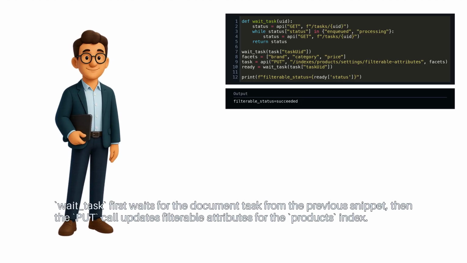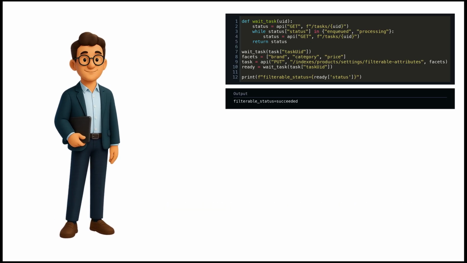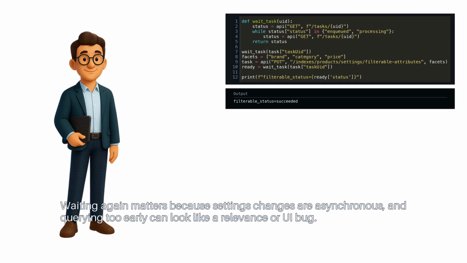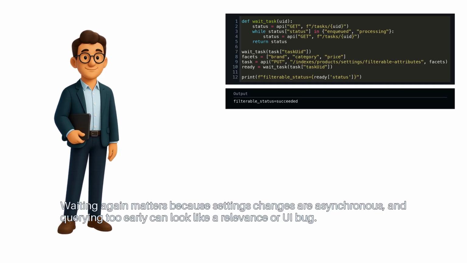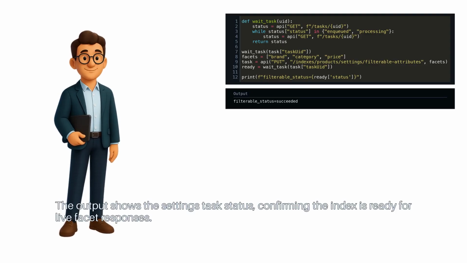Wait task first waits for the document task from the previous snippet. Then the put call updates filterable attributes for the product's index. Waiting again matters, because settings changes are asynchronous, and querying too early can look like a relevance or UI bug. The output shows the settings task status, confirming the index is ready for live facet responses.